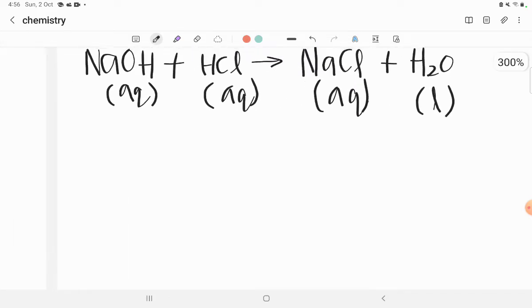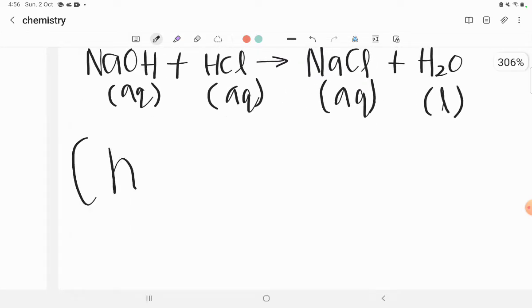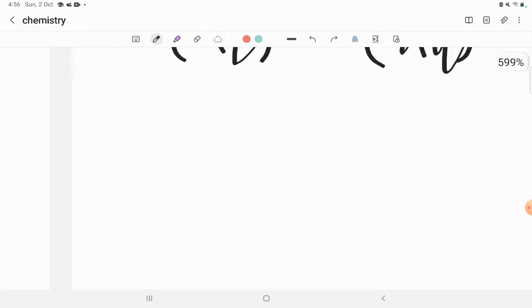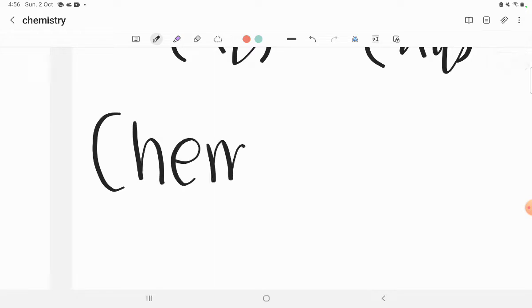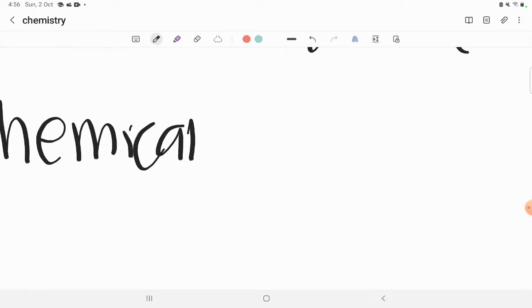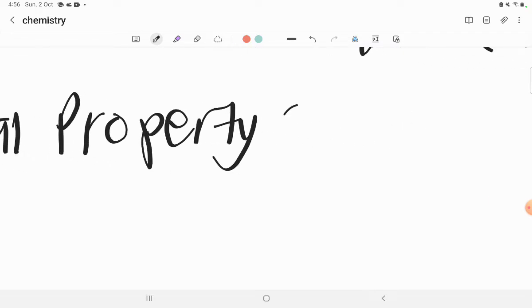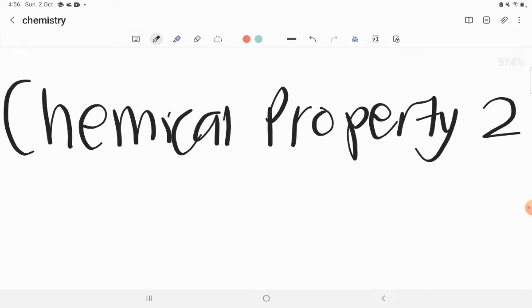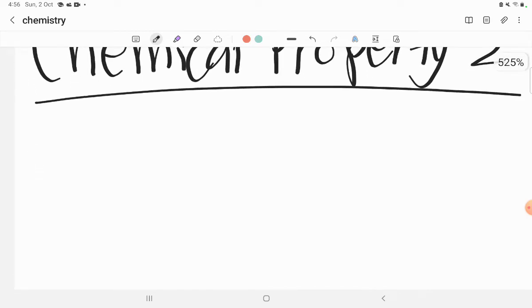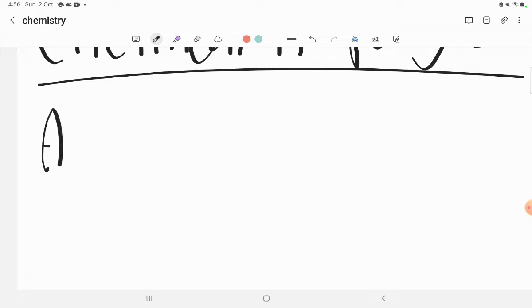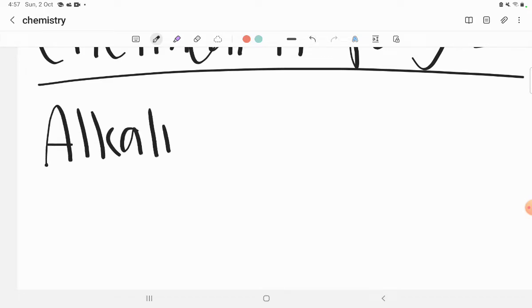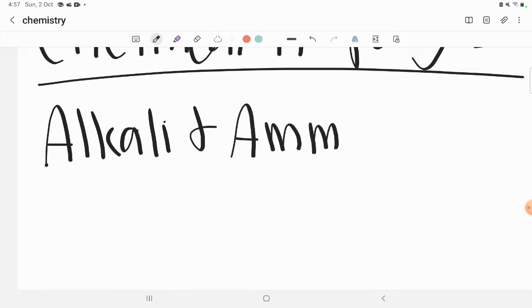Chemical property number 2. It doesn't have a name. Okay, so it's again alkali plus what? This time it's ammonium salt.